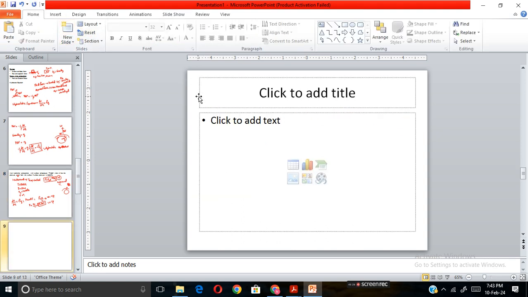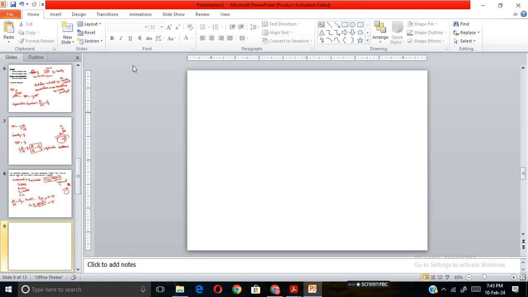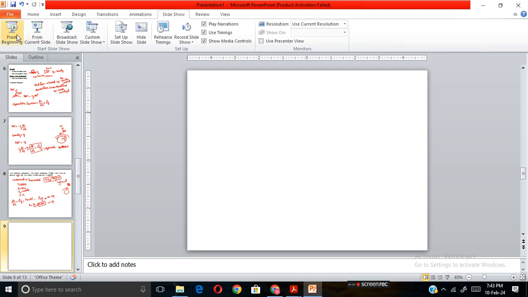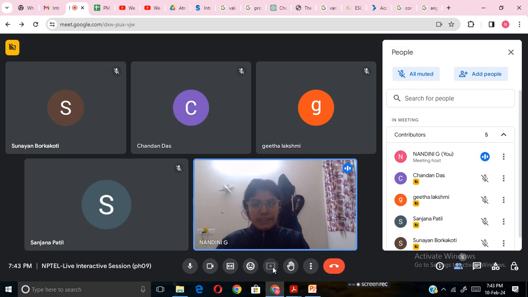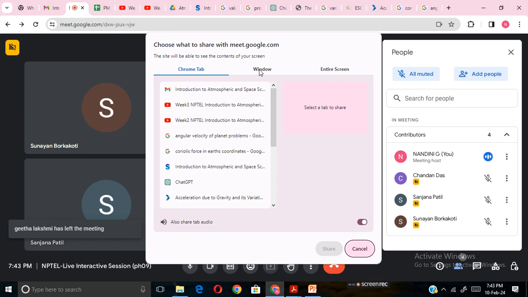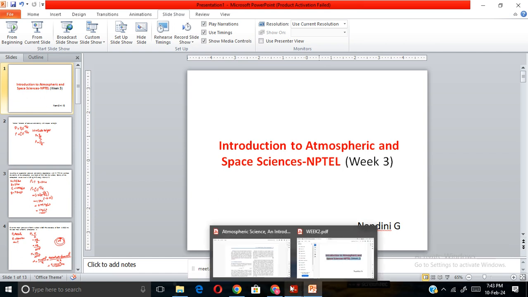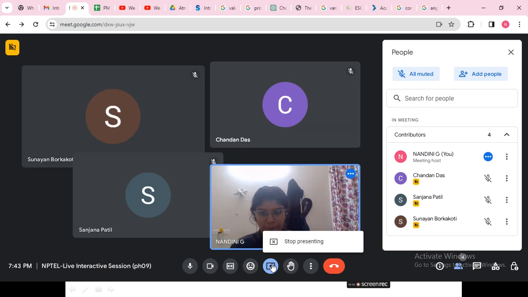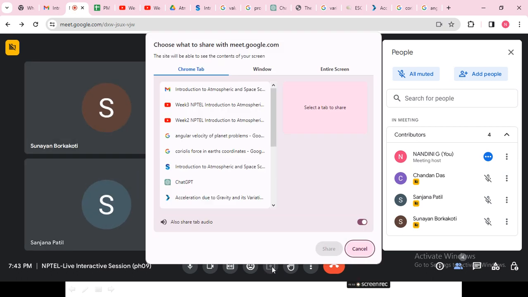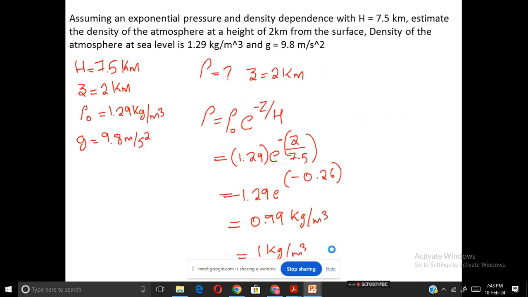So what we did, we just learned the hydrostatic equation, and then we know the equation of state, or ideal gas equation, that you have learned in your plus 2, which is PV is equal to nRT.